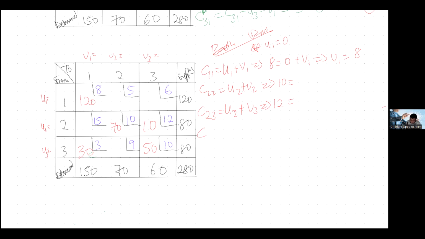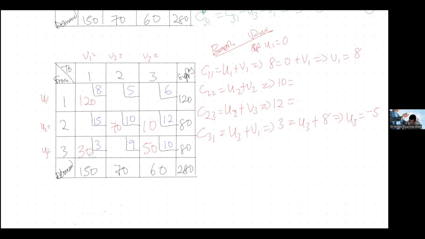Sorry, so C3,1 is equal to U3 plus V1. C3,1 is 3, which is equal to U3 plus V1, and we know V1 to be 8. So it implies that U3 is equal to 3 minus 8, and that is negative 5. All right, so that is negative 5.